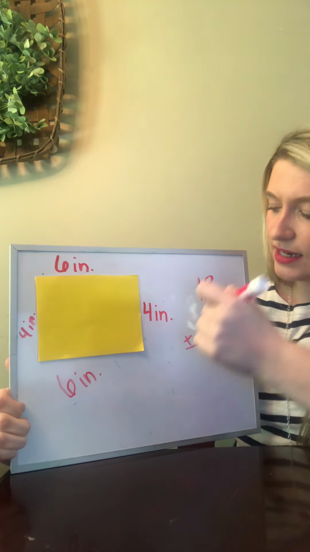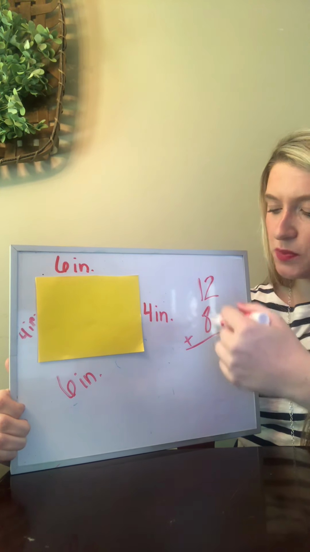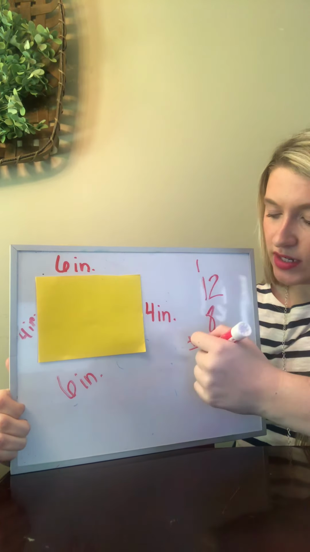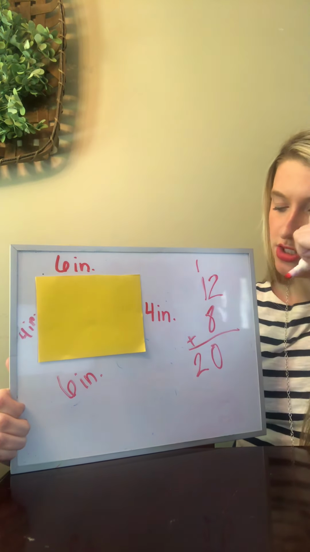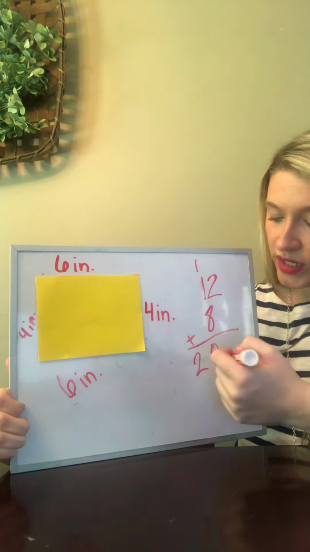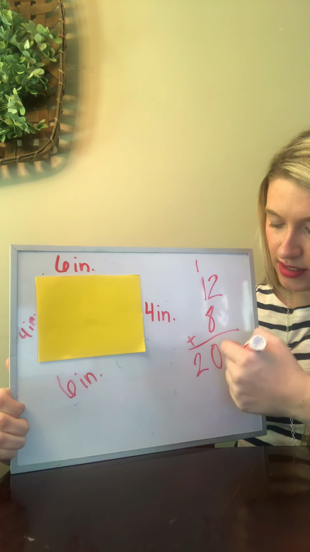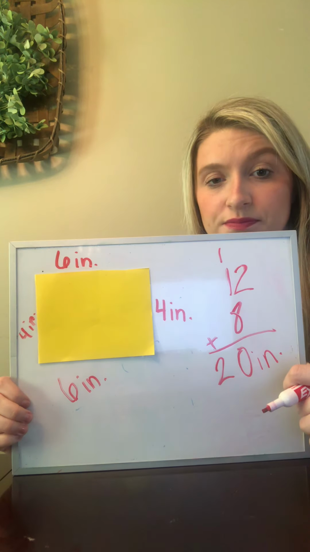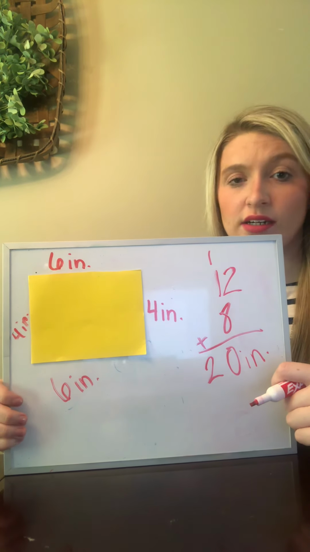So when I add my sides up, I get 2 plus 8 is 10, and 1 plus 1 is 2. So I have 20 inches is my perimeter. So 20 inches is my perimeter for this figure.